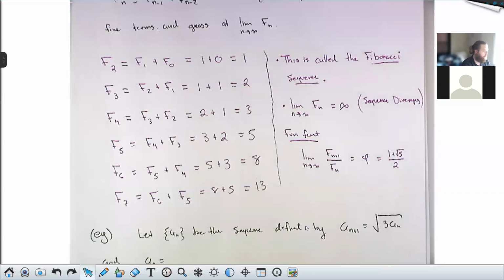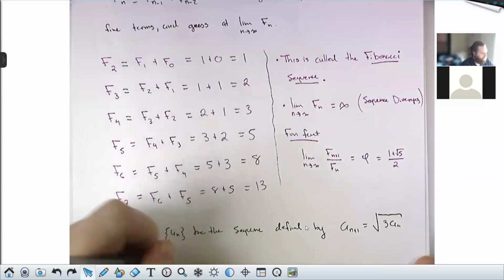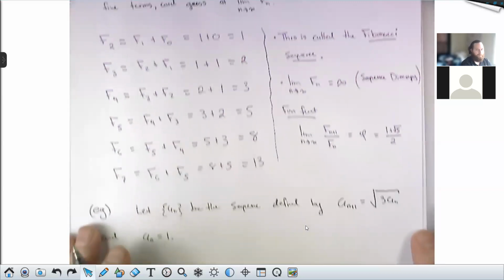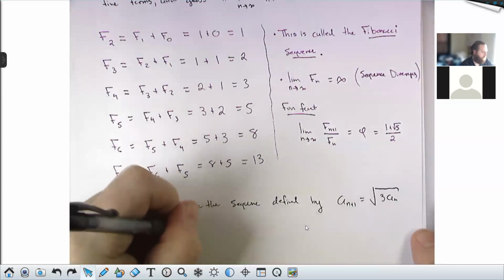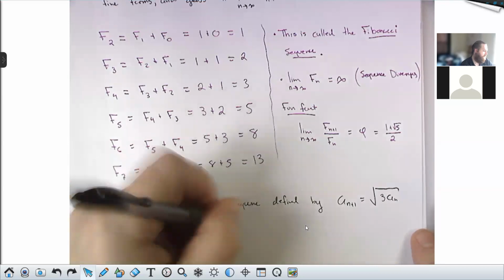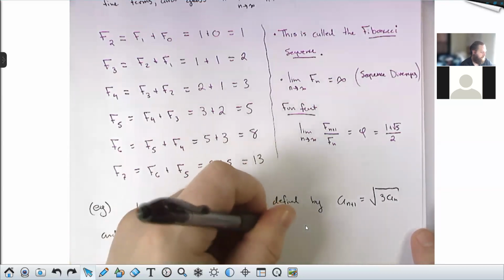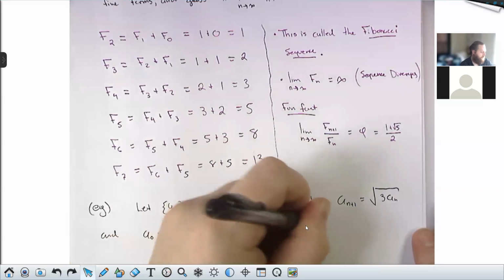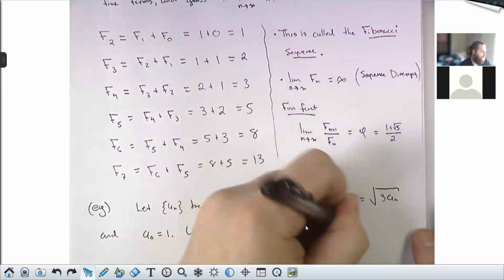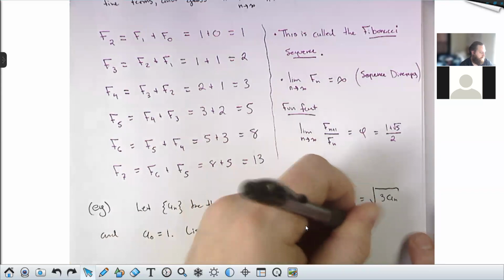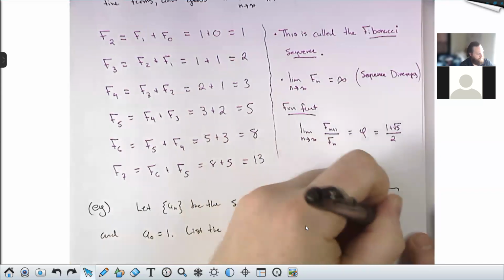Same thing, list the first few terms, and guess the limit as n goes to infinity of a_n.